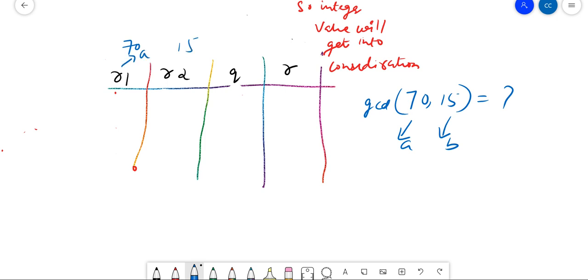R1 will be considered A, this one B. Now R1 equals 70, R2 equals 15. First step, what is the algorithm?